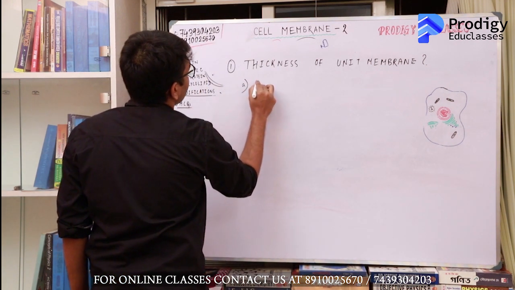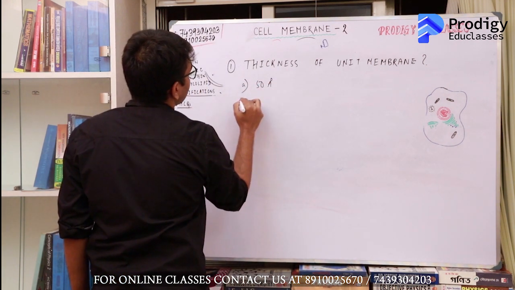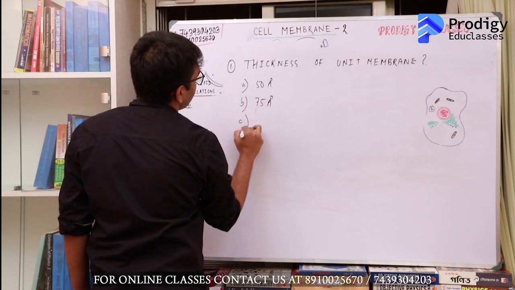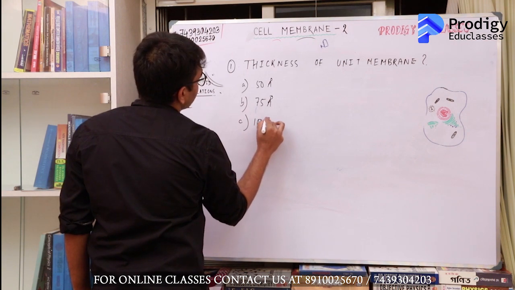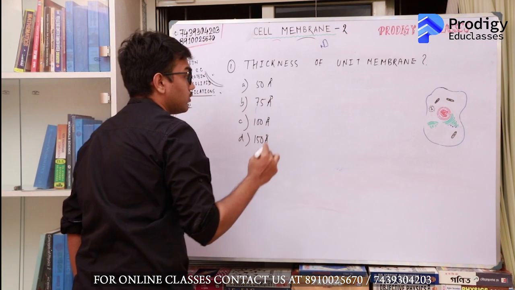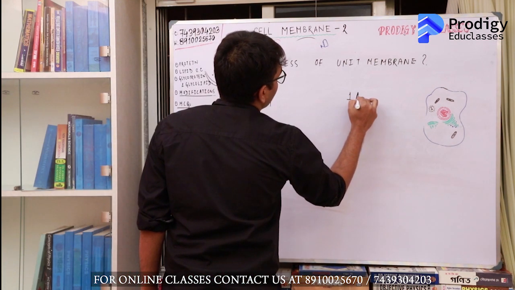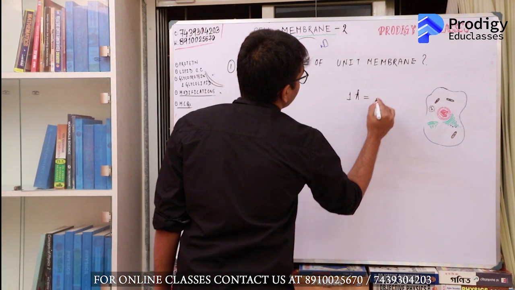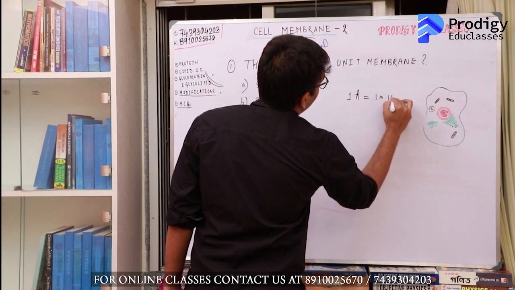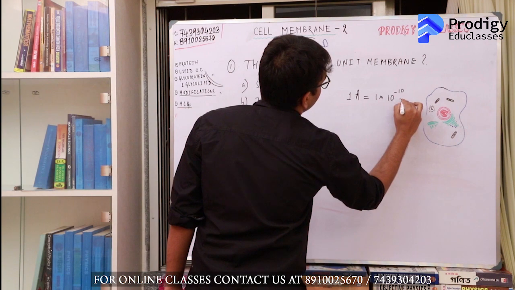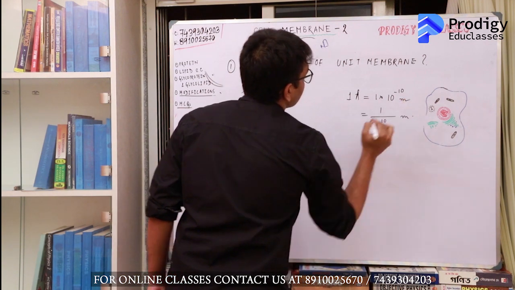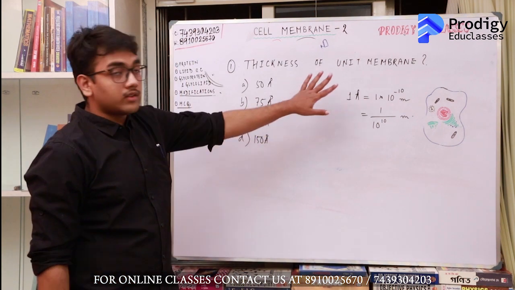A. 50 angstrom, B. 75 angstrom, C. 100 angstrom, D. 150 angstrom. For those of you who do not know, 1 angstrom is a unit of length, and it is equal to 1 into 10 to the power minus 10 meter. So this is 1 angstrom. So what is the thickness of unit membrane?